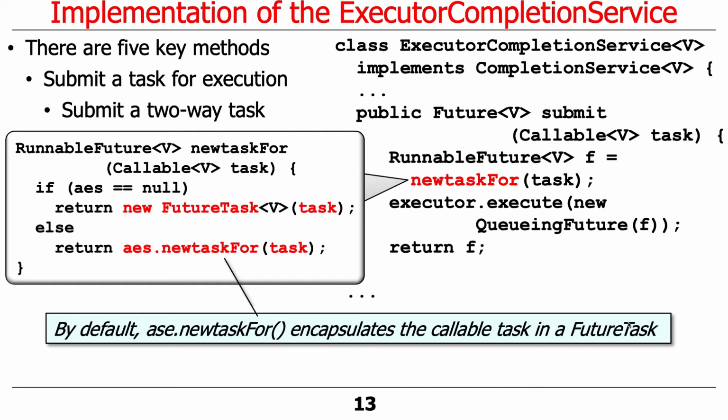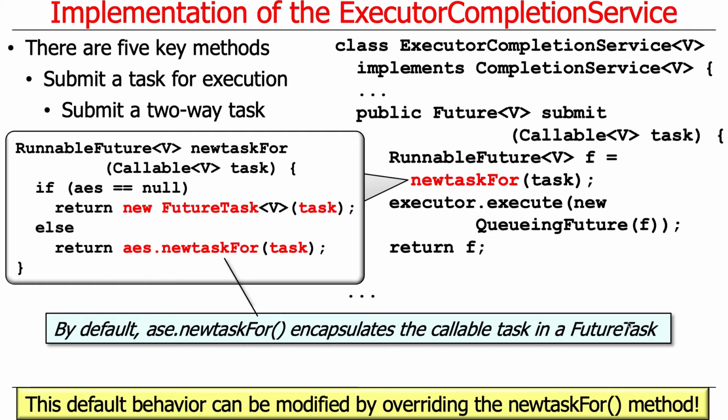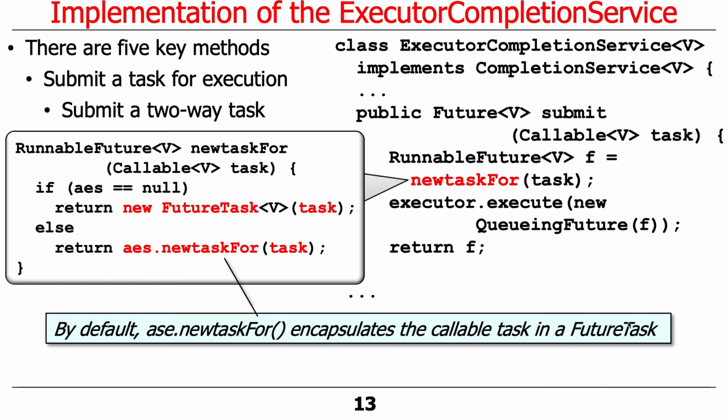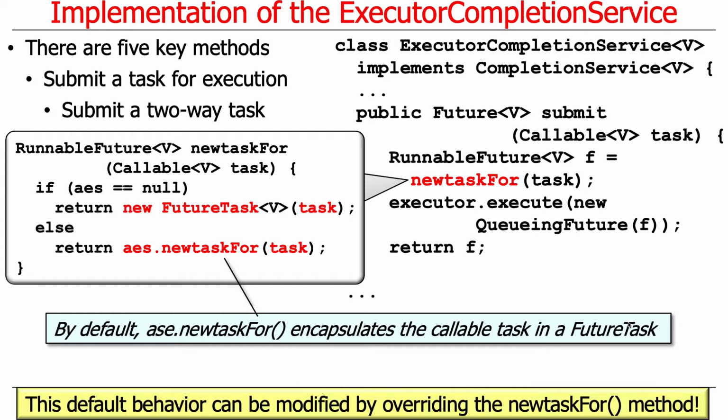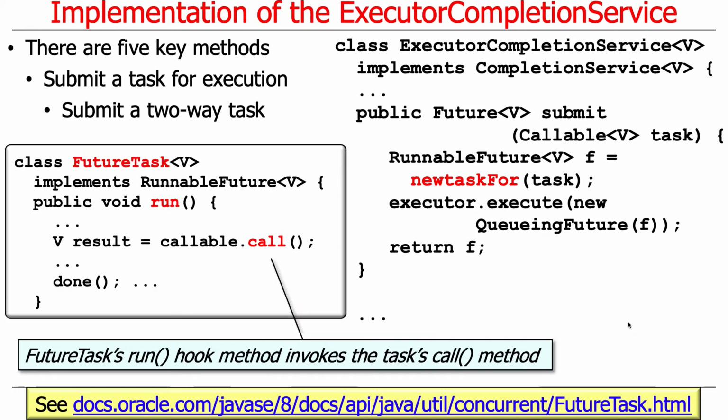A runnable future, as we'll see, is a future that has a run method that can do some work. So we're basically wrapping up the task parameter in a future task, and that gets returned and stored in this local variable f. The default behavior of newTaskFor can be modified by overriding the newTaskFor method. Let's pretend like we don't care about how that works, but that's what you can do.